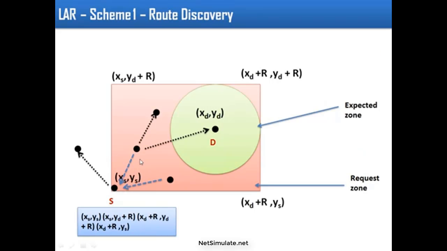They represent that when this node broadcasts its route request packet, one copy is also received by S. Same with this one, but this one will not send it again because those requests have already been sent from node S.